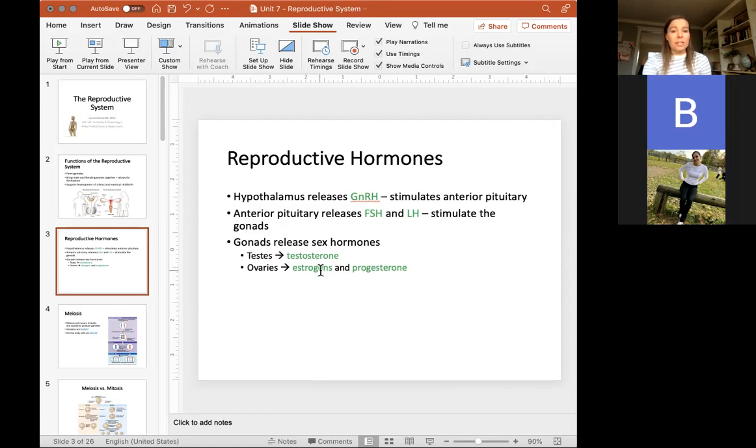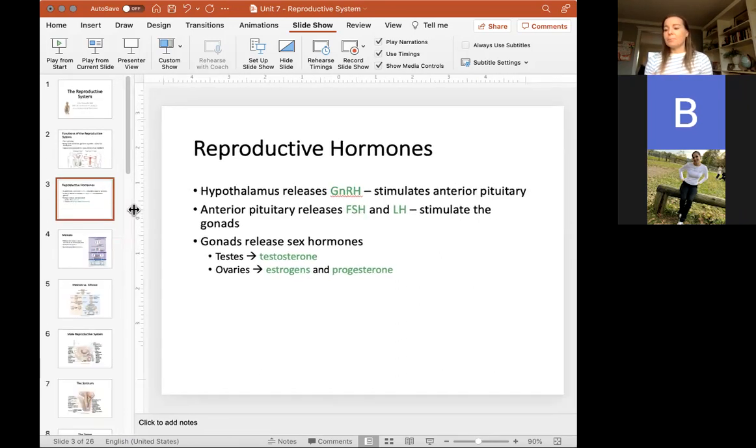Another thing, and that's what this slide that I'm showing here refers to, is that in both males and females, there are hormones that regulate the production of sex hormones and that regulate the production of the gametes. And this is the same in both males and females.